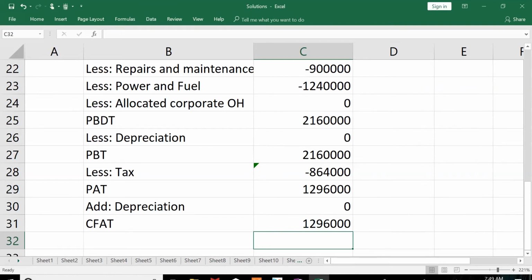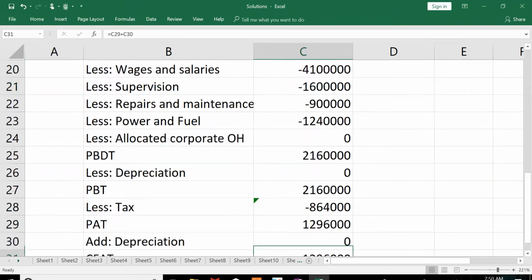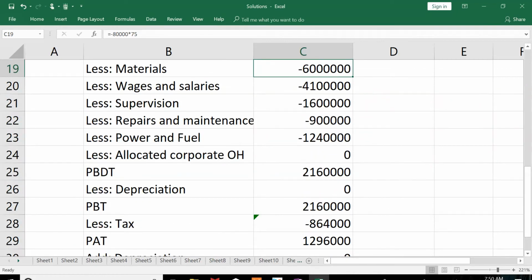Any doubts on 12,96,000? Can we proceed?